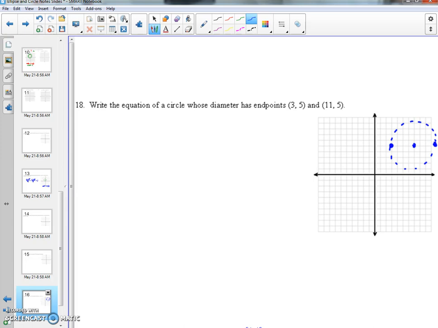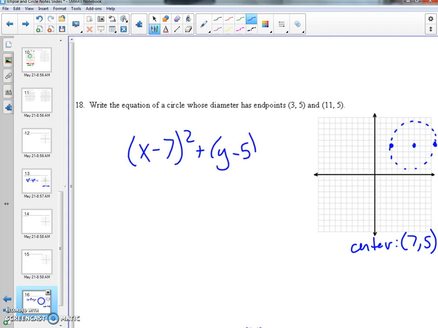So my center is then at 7, 5. That tells me my equation is going to be x minus 7 squared plus y minus 5 squared equals, and now I also want to figure out what my radius is. From the center out to either of those points is 4, and 4 squared is 16. So that would be the equation of my circle. The rest of these I'll leave for you guys to try here.